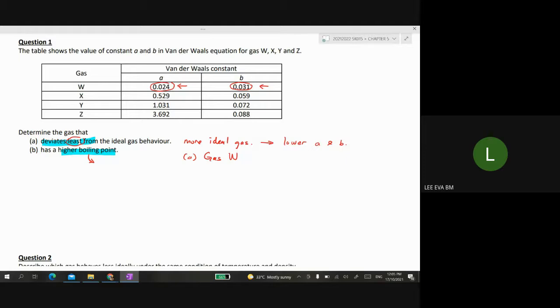Boiling point, you need to look at the strength of your intermolecular forces. Remember what we did previously, yeah? The stronger the intermolecular forces, the more energy is needed to break the bond, therefore the higher the boiling point. Nampak tak kita link kepada chapter yang sebelum ini? Okay, so in this case, intermolecular forces, which constant do you want to relate to? Is it A or B?